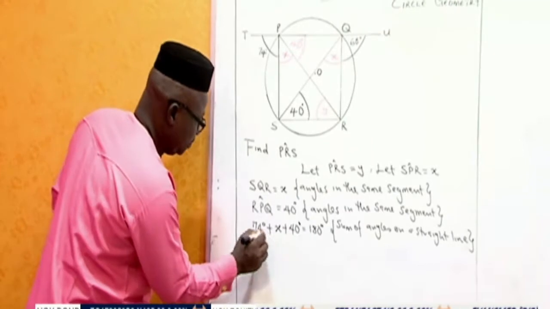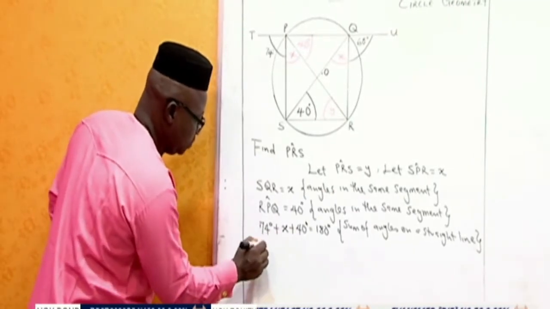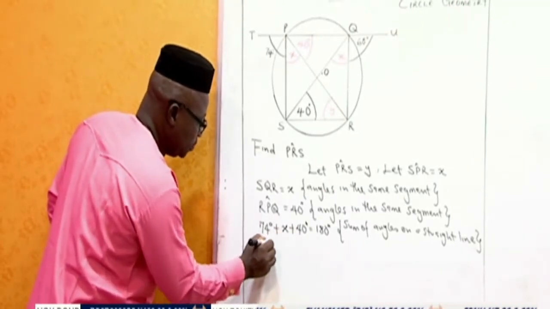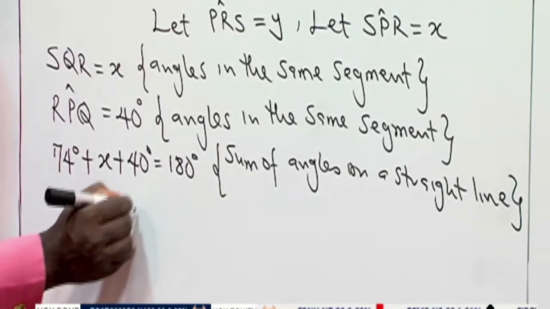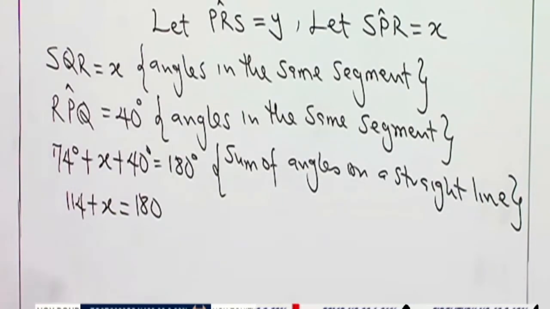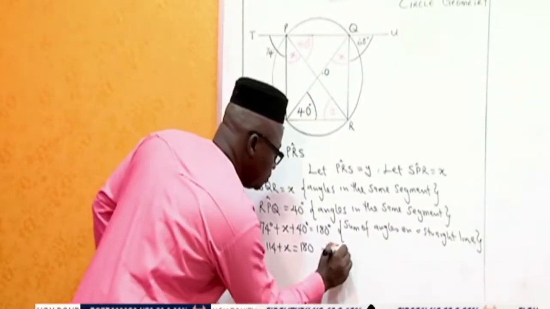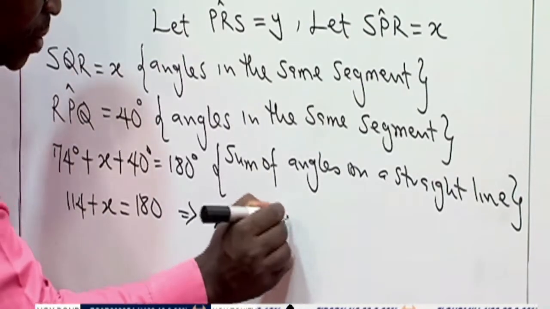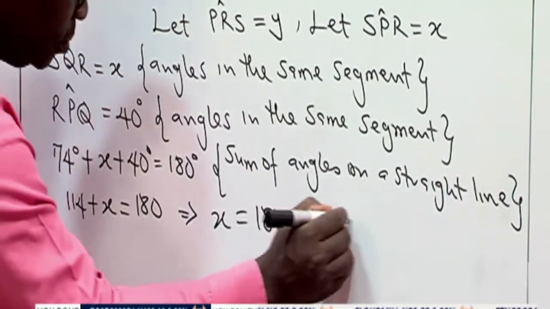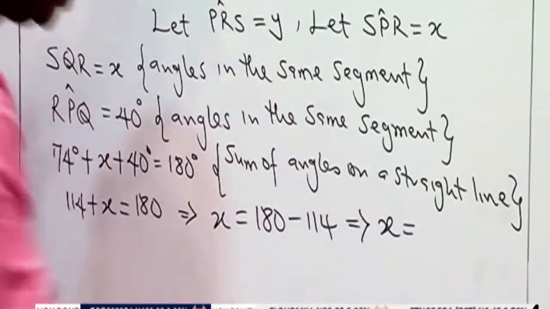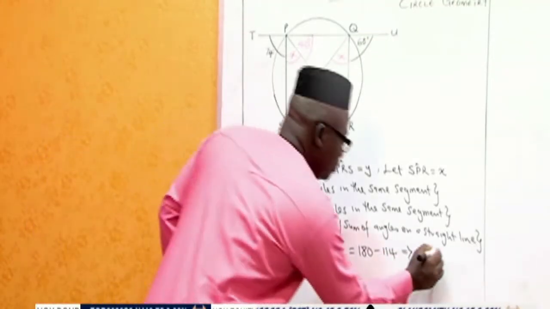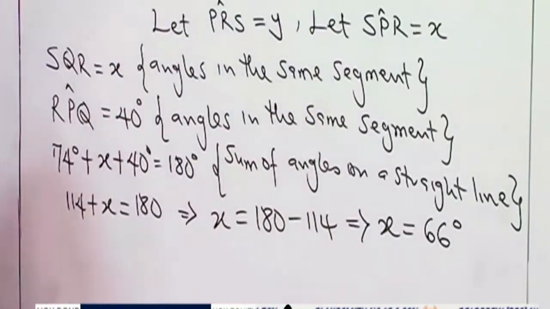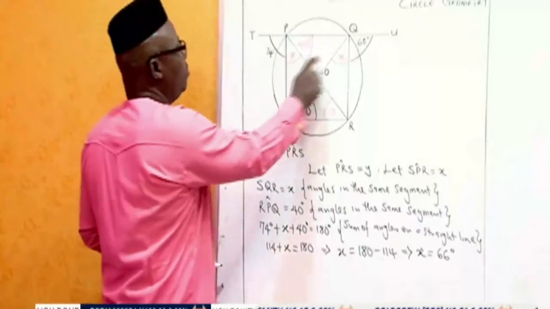So from here, 74 plus 40 is going to be 114 plus x is going to be 180. So this implies that x is going to be 180 minus 114, and that implies that x is going to be 66 degrees. So these are our values here.